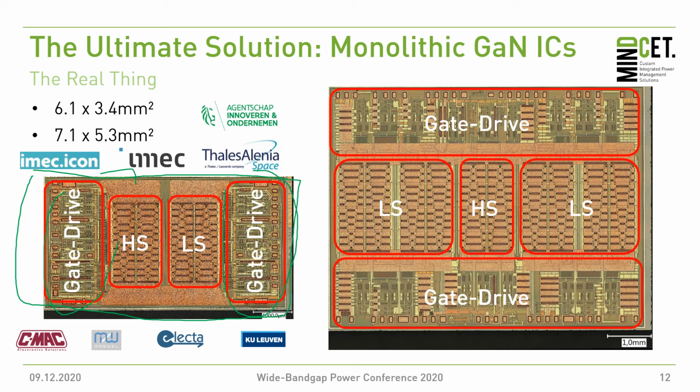Here on the right hand side you see an asymmetrical half bridge where the low side is much bigger than the high side, and this is especially suited for applications where you have a very high ratio between input voltage and output voltage. For instance, 48 volt in, 1 volt out is possible with this kind of ratio.